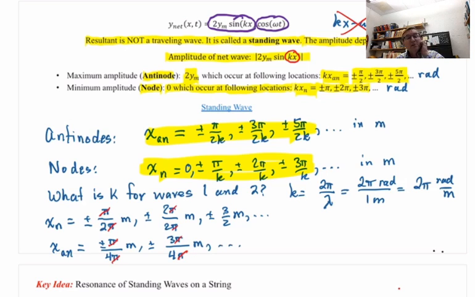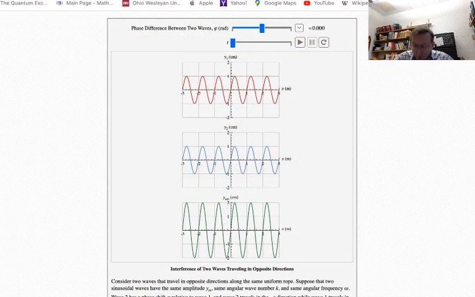So let's see if those x values are where the antinodes are, the point of largest amplitude. So the first one should be at 0.25 meters, and that's where I look for a 2 centimeter amplitude, because that's the biggest. The next one is at 0.75 meters, and then 1.25 meters, and so forth.